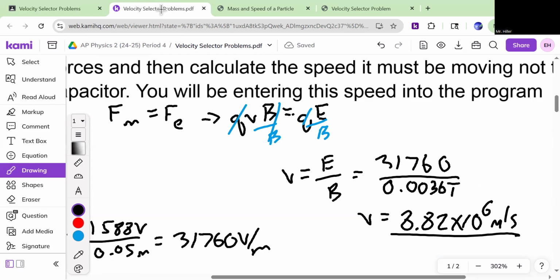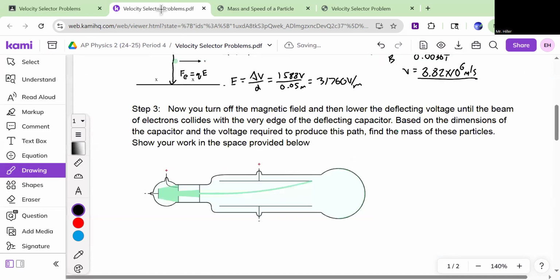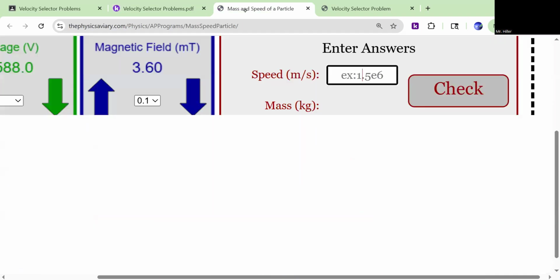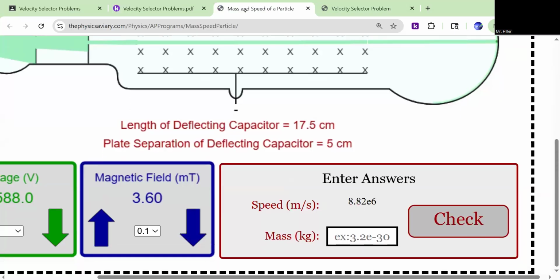Okay, so that's what's going on with my speed. Now I'm going to enter that in. 8.82 E6. Okay, so now I need to enter in my values for mass.